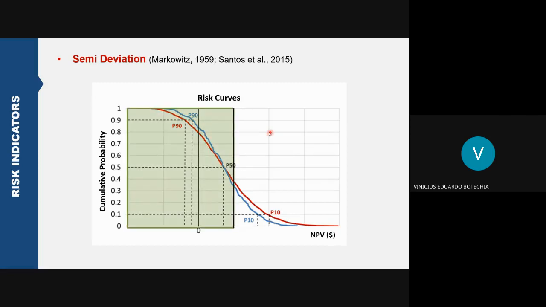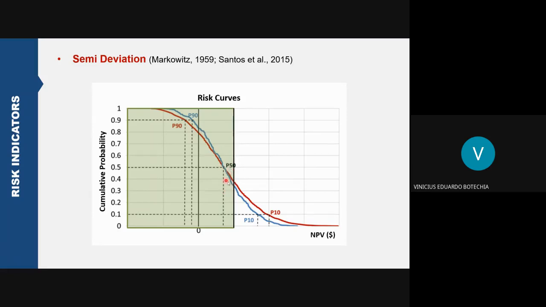But if you consider only this part of the graph, it's easier to see which one is riskier, right? The red curve is riskier because for the same probabilities, you have lower values of NPV for the red curve. So the red curve is almost always below the blue curve in this part, except for these little parts here.